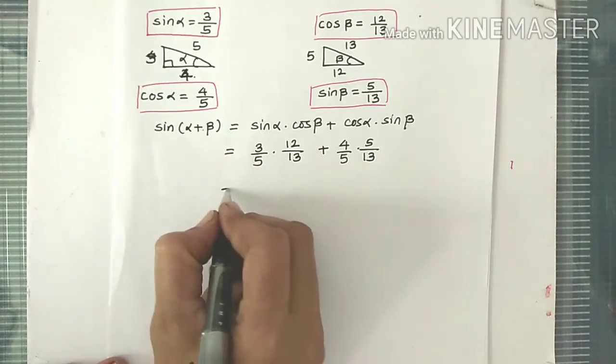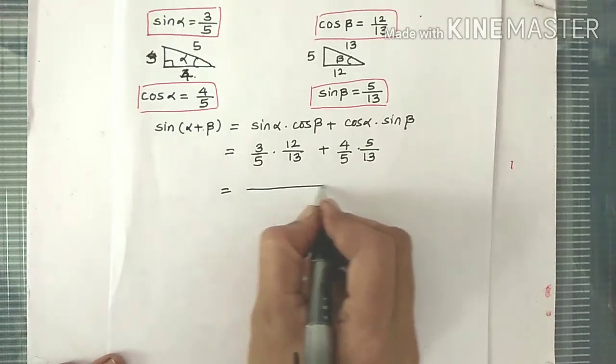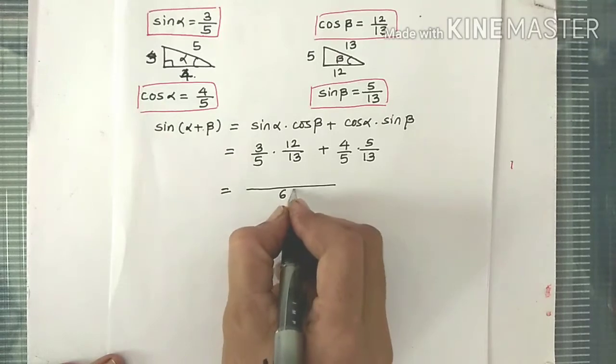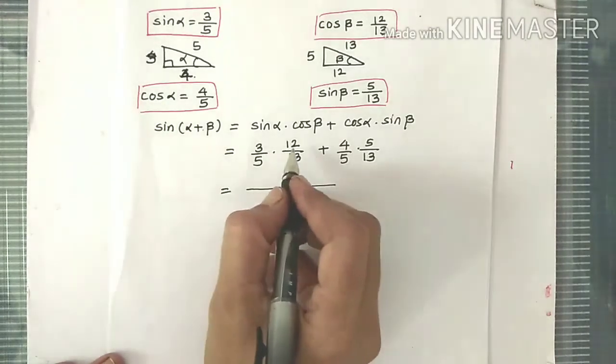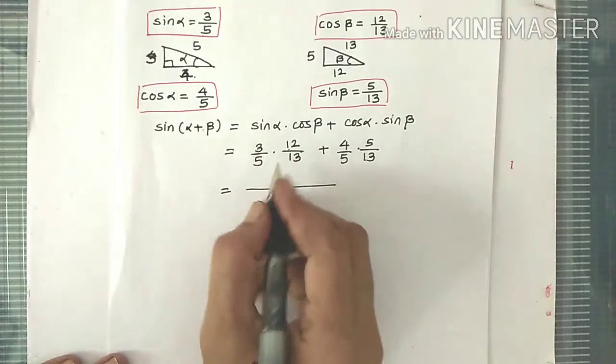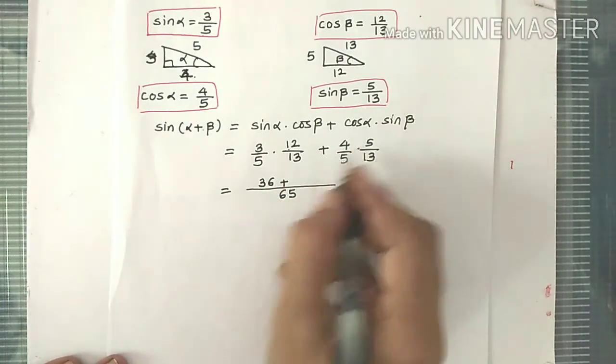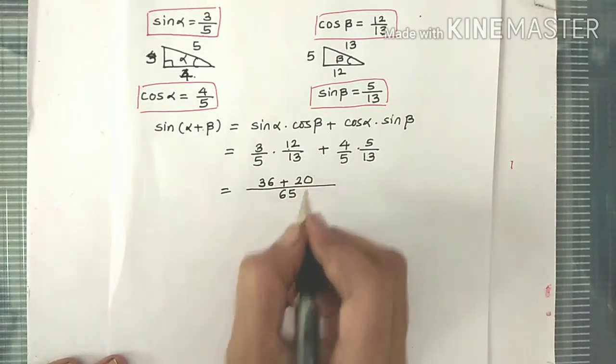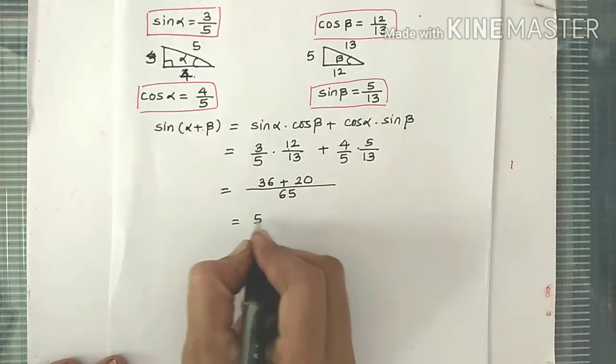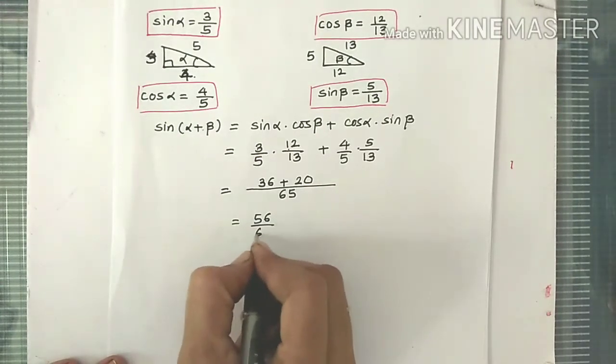In both the terms, the denominator is 5 into 13, that is 65. Now in the numerator we have 12 into 3, that is 36, plus 4 into 5, that is 20. So that gives us 56 by 65.